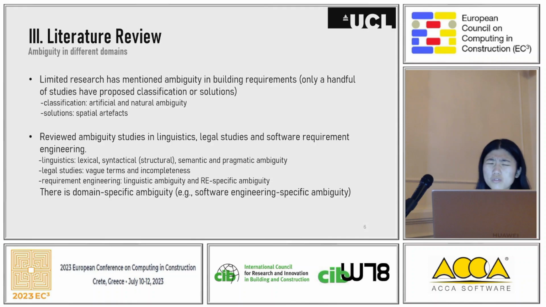And also we reviewed ambiguity in linguistics, legal studies, and software requirement engineering, and found some interesting results, including the different types of ambiguity in linguistics, legal studies, and also specifically in requirement engineering, there are some kind of domain-specific ambiguity that could also exist in the ACC domain as well.